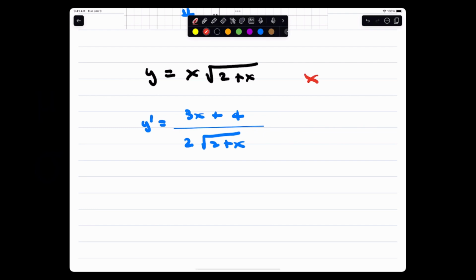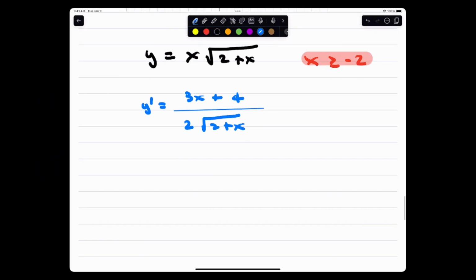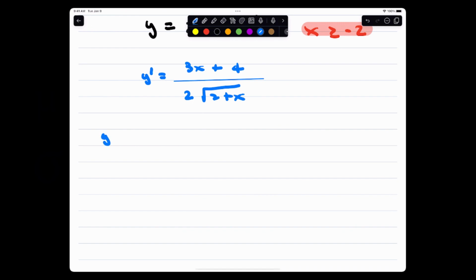I think x had to be, x plus 2 was greater than or equal to 0. Is that right? Anyway, okay. So now we need that second derivative. So you're going to have to differentiate the first derivative.